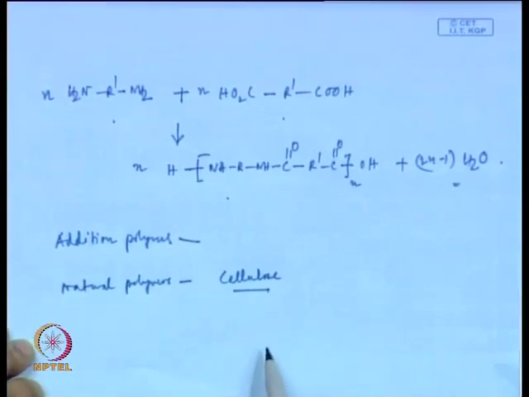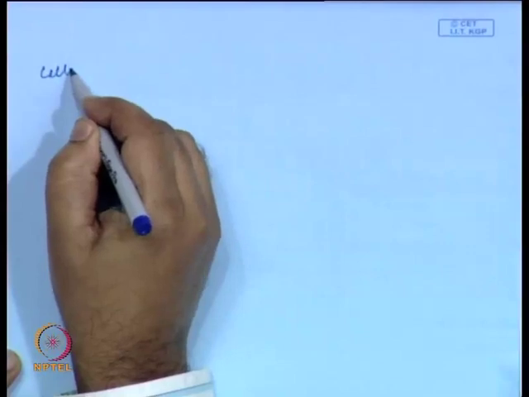But looking at the structure, what we can hypothesize are monomers from which they have been synthesized. In other words, the polymers can be degraded to hypothetical monomeric molecules from which these can be synthesized. We will give a proper structure.